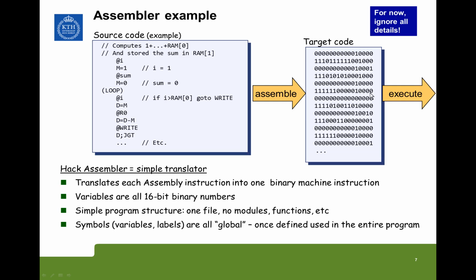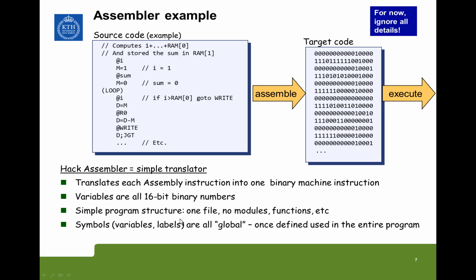Why can we do it one to one? Because the instructions were designed this way, because all variables are 16-bit binary numbers, and because there is no complicated program structure.